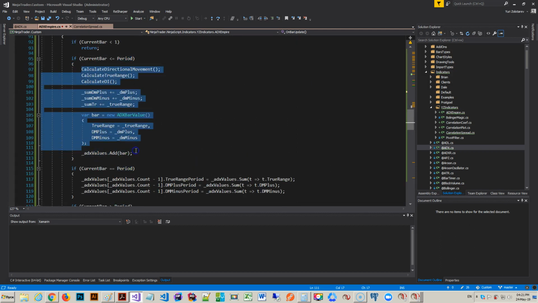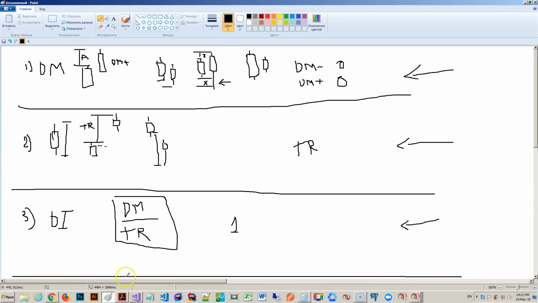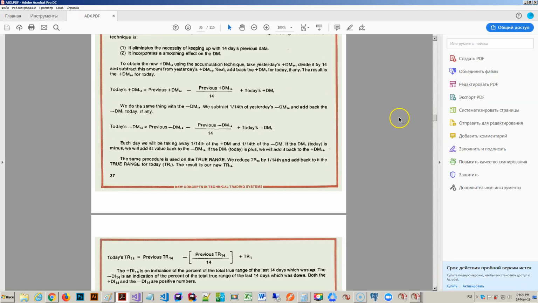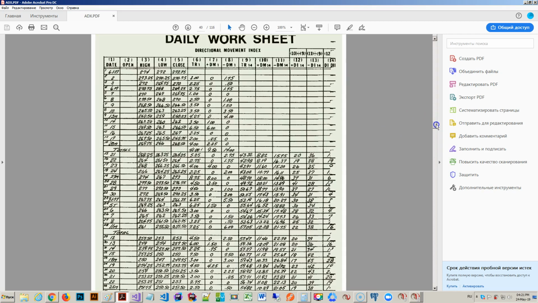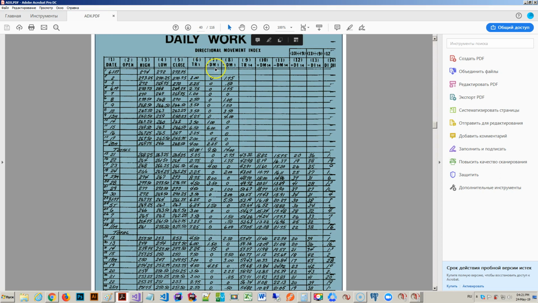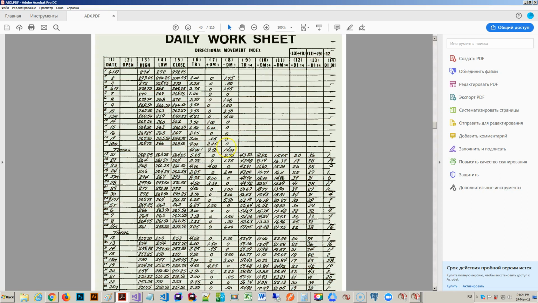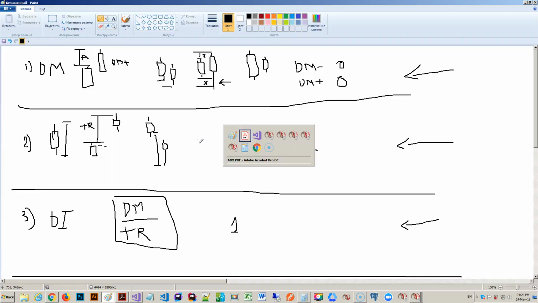If you look at this workout table he's got, the period is 14. So before and equal to the period, all I do is collect values and calculate true range, DM plus and DM minus. That's all I do. At the end of that, I calculate the totals, and you'll see in a second.